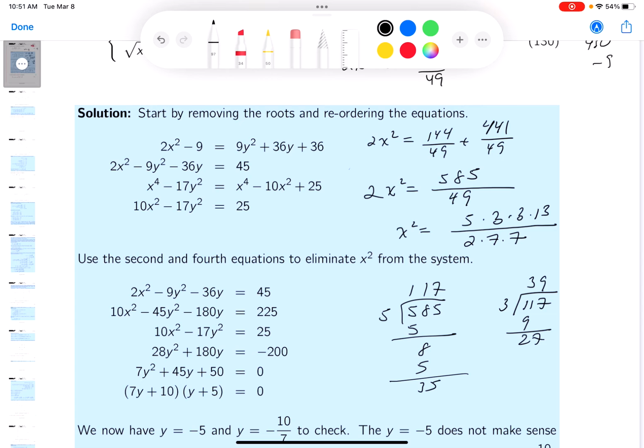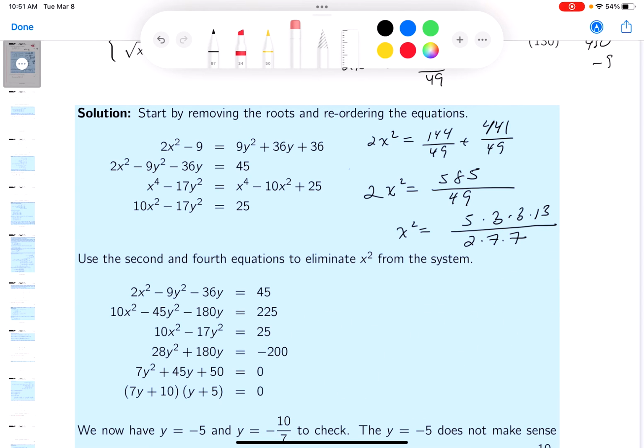All right, so I know it's a lot of work. To me, it's a lot of work too, and very prone to error. I want to make the bottom a perfect square though, so I can multiply top and bottom by 2. So what's x going to be equal to? Plus or minus, well, the square root of the bottom is 2 times 7, which is 14. And what do you get on top? You get 3, and then you're going to get root 130.